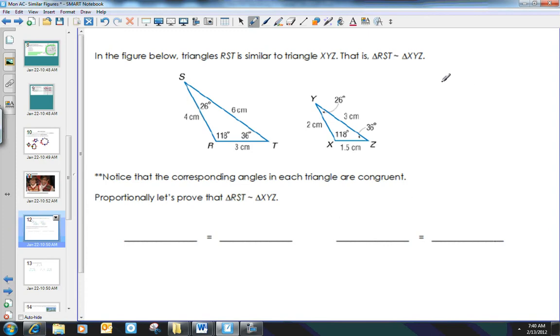If we have two fractions, 1/5 and 3/8, we can figure out if it's proportional by cross multiplying. 5 times 3 is 15. 1 times 8 is 8. These are not proportional because their cross multiplying does not come out equal.